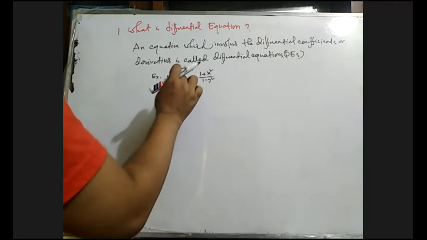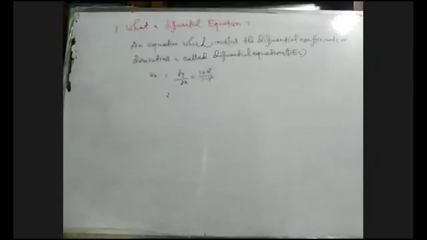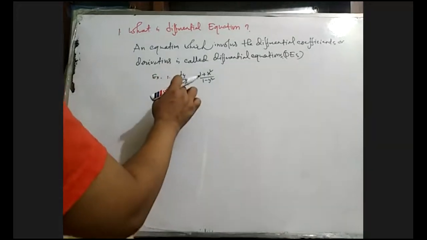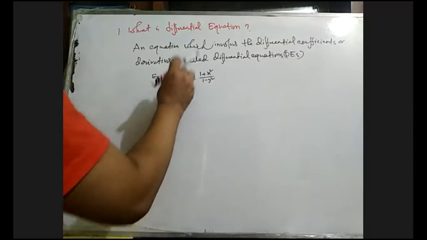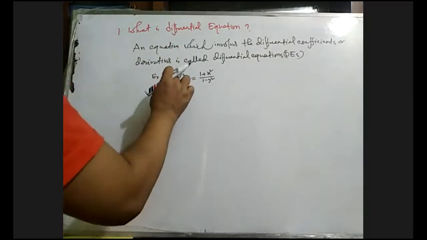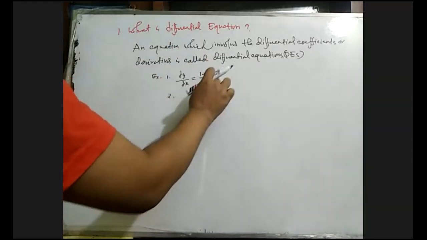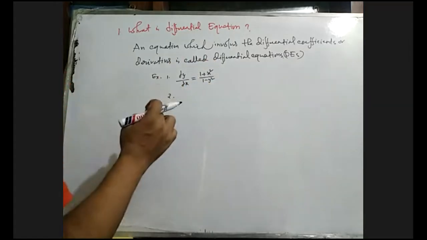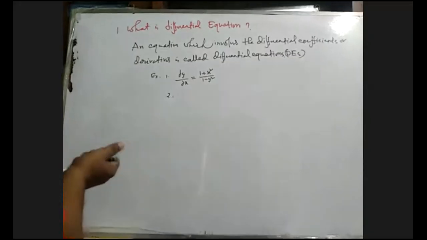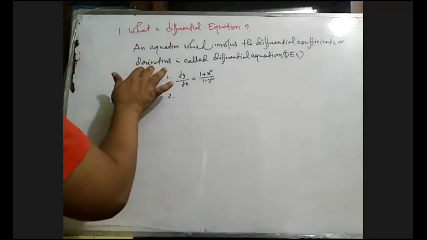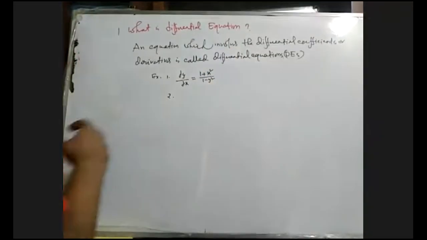Any rate of change of the dependent variable with respect to the independent variable, that means the differential coefficient or derivative of y, is present here. This is why this equation is called a differential equation. So an equation which involves differential coefficients or derivatives is called a differential equation.